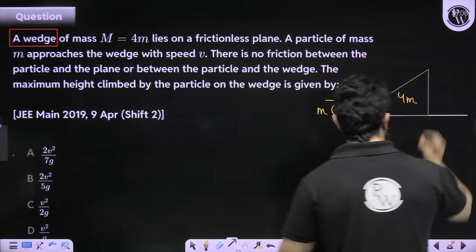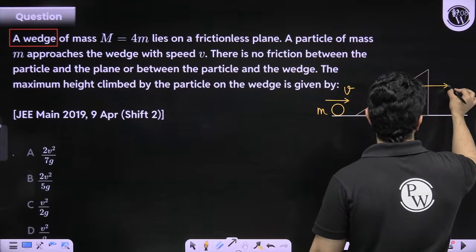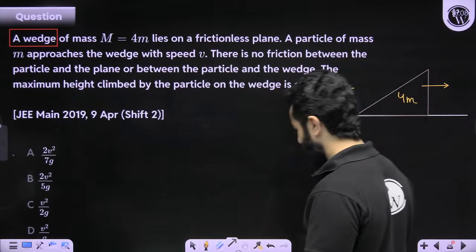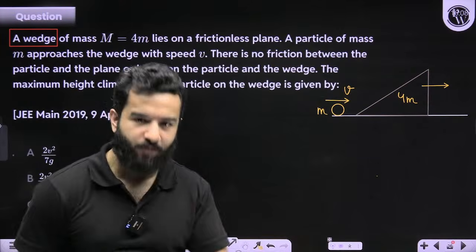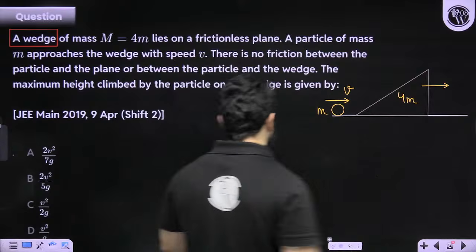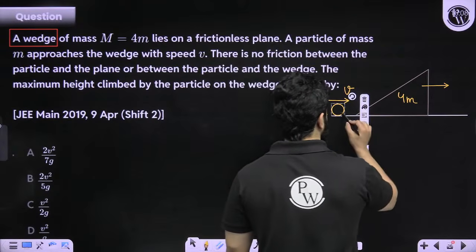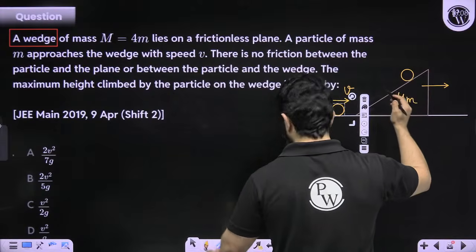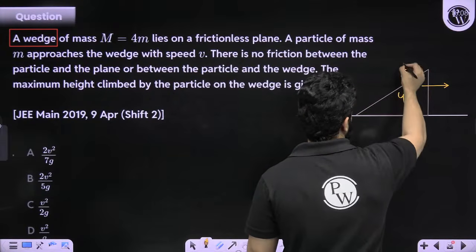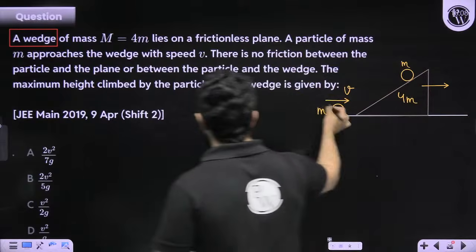So this wedge will also start to move with some velocity. It will also acquire some velocity, and at that point, let's suppose the block reaches a certain height, and we want to find out that height. So first of all, we'll find out that velocity.